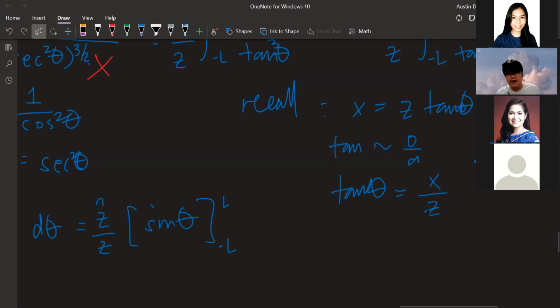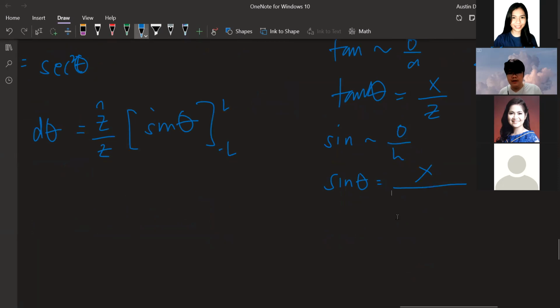So if we have sine theta, and sine is just opposite over hypotenuse, then sine theta becomes your opposite, which is x, and your hypotenuse will be, of course, the square root of x squared plus z squared.